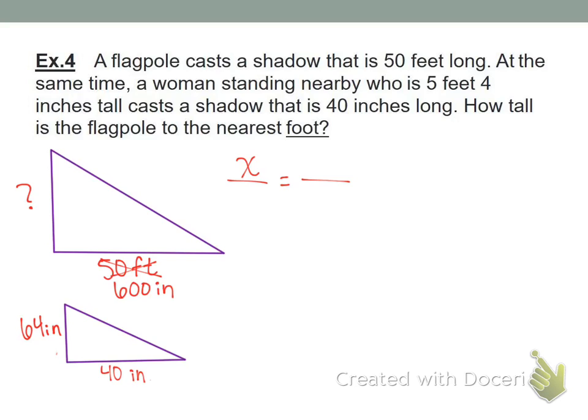Not saying that it's going to be wrong, but I like to compare one triangle to the other. Okay, so you could technically do X over 600 and have it come out correctly. I like to go one triangle to the next. Personal preference. Which means that my other ratio would have to be 600 over 40.